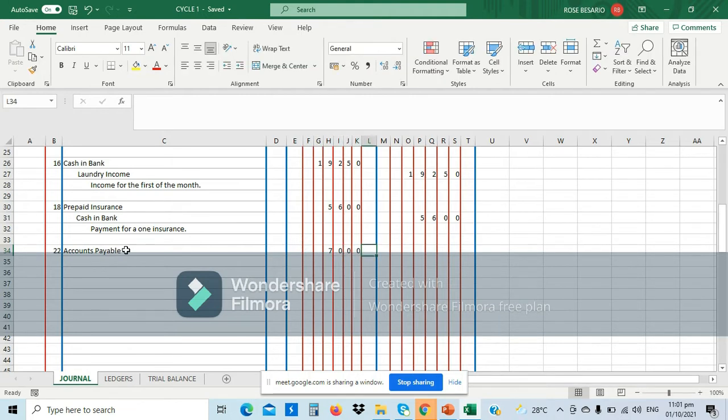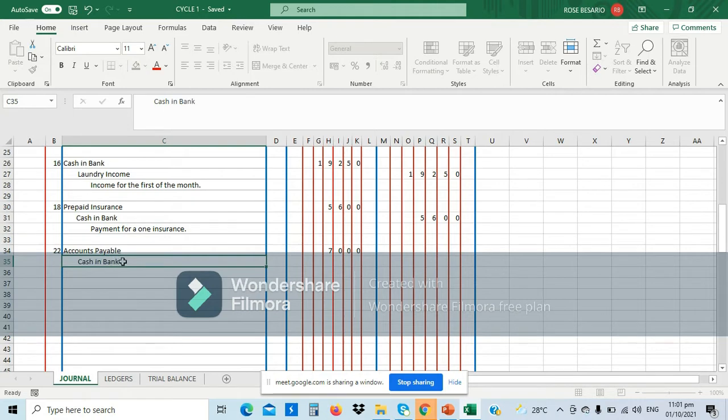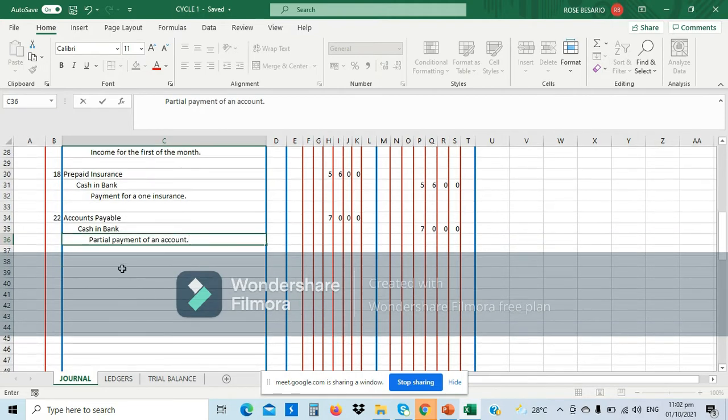Then we credit cash in bank, 7,000. And our explanation is just a partial payment of an account. Okay, and then leave one space.